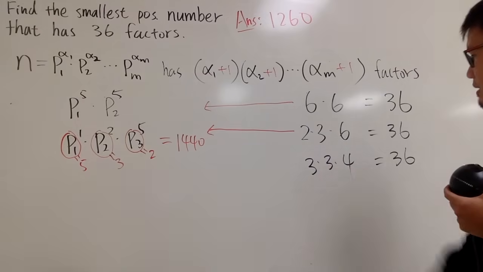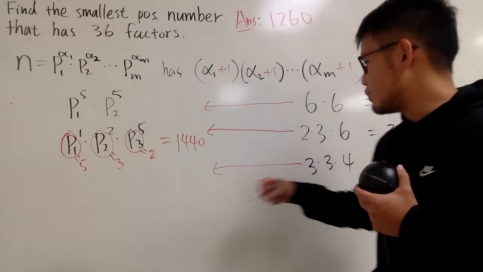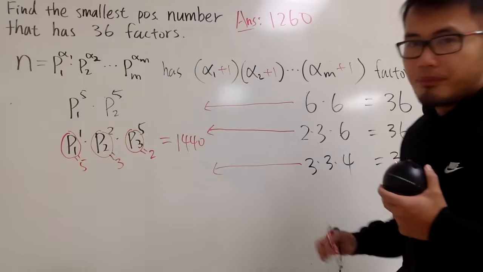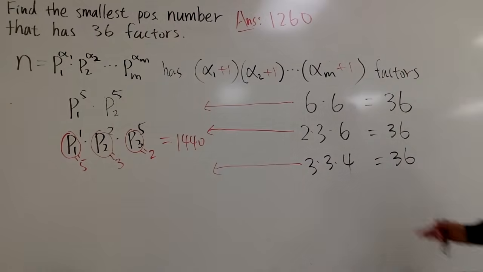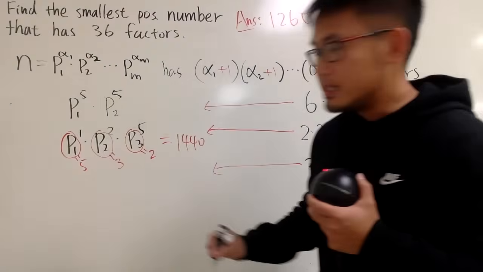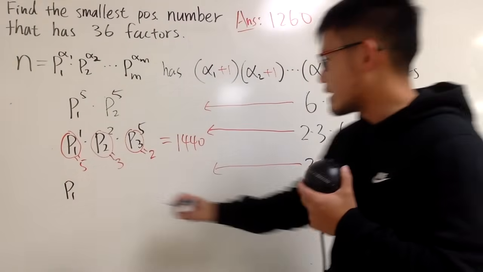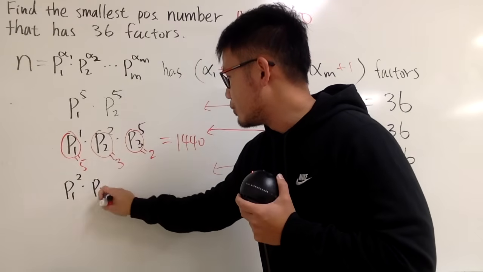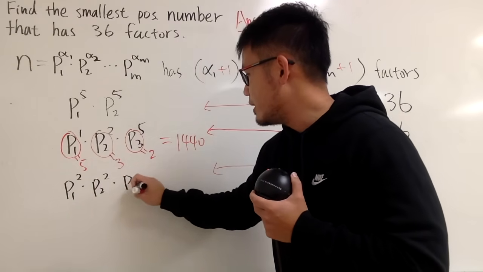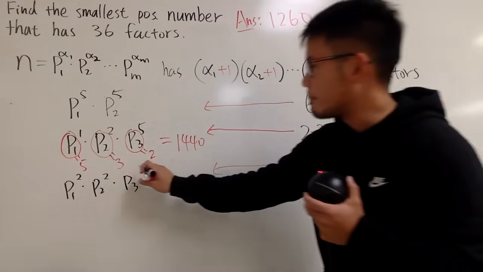So it's a pretty good balance, and it's just like a review. If you want to get to 36 with 3 times 3 times 4, this means that the number n is in the form of p1 to the second power times p2 to the second power times p3 to the third power.